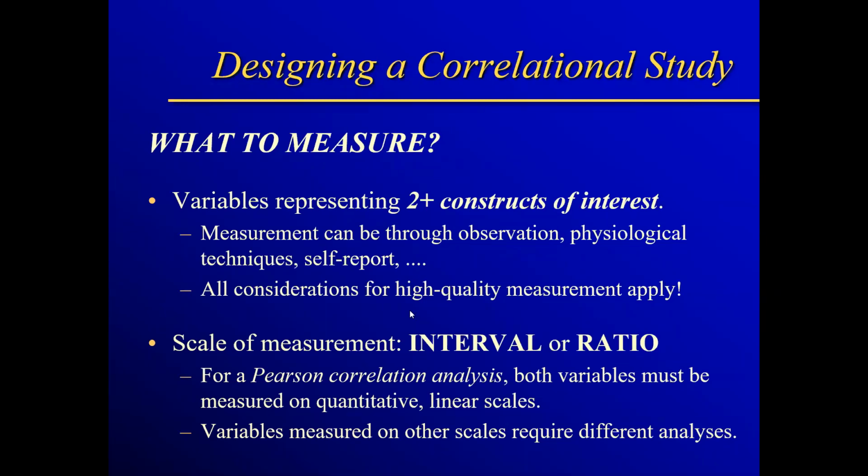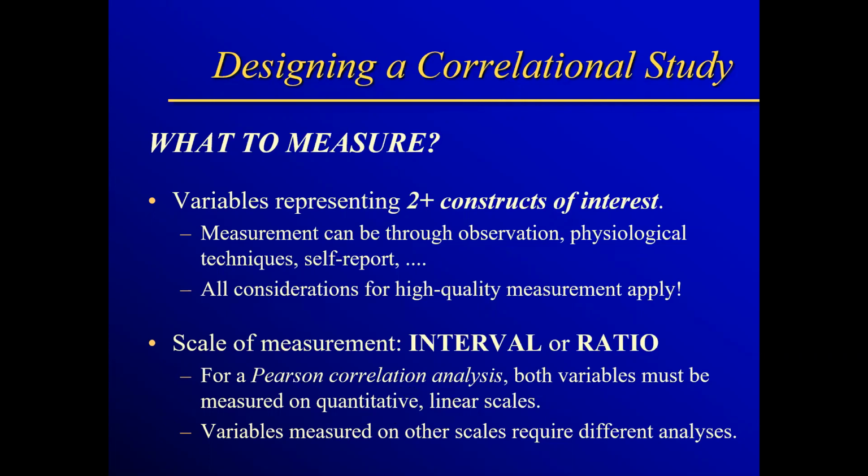So the scale of measurement is actually really important for a correlation. Either interval or ratio. But what this really means, right? And you should know the differences between ordinal, interval, all of them. But really what it comes down to for Pearson correlation analysis, and that's what we're going to be focusing on today, a Pearson correlation.